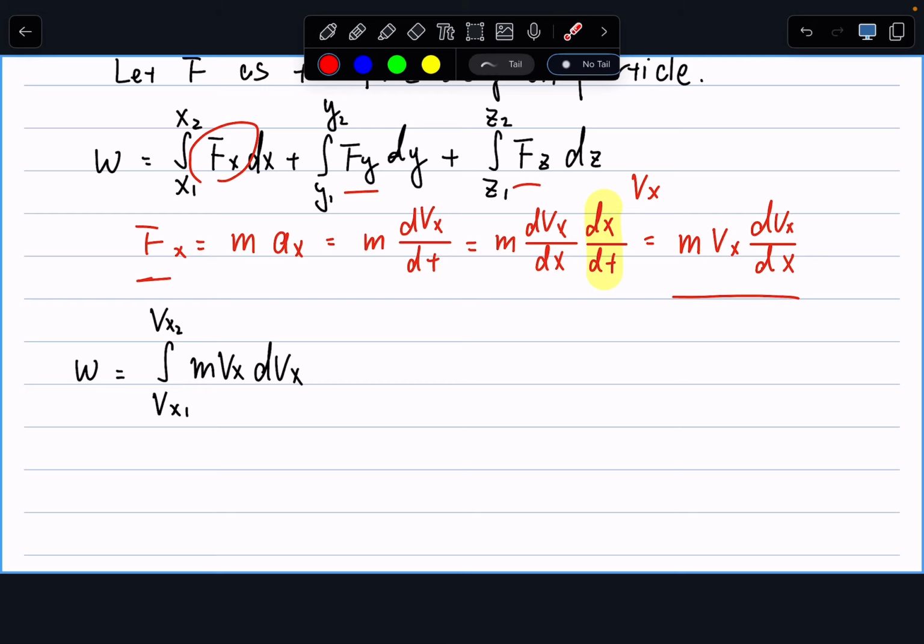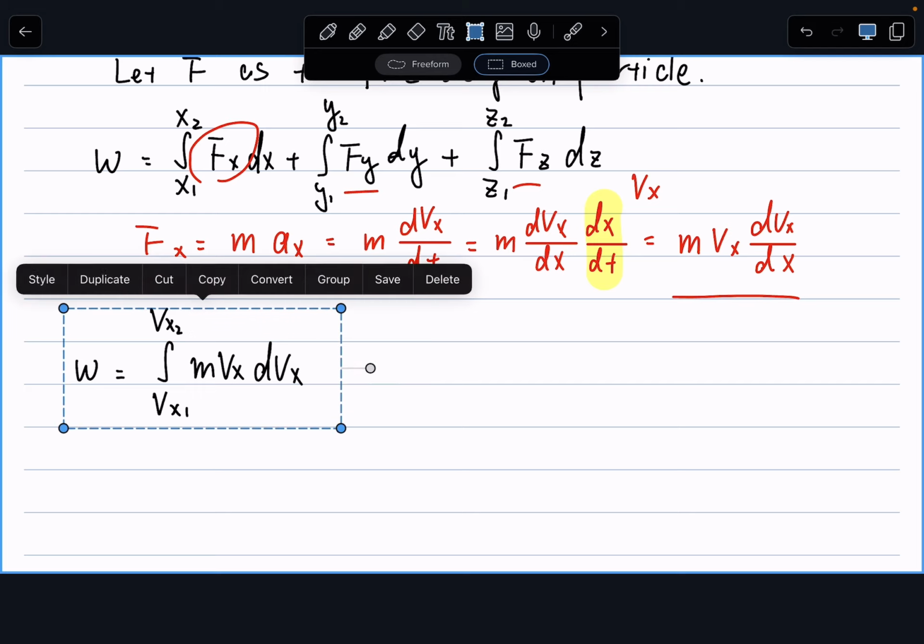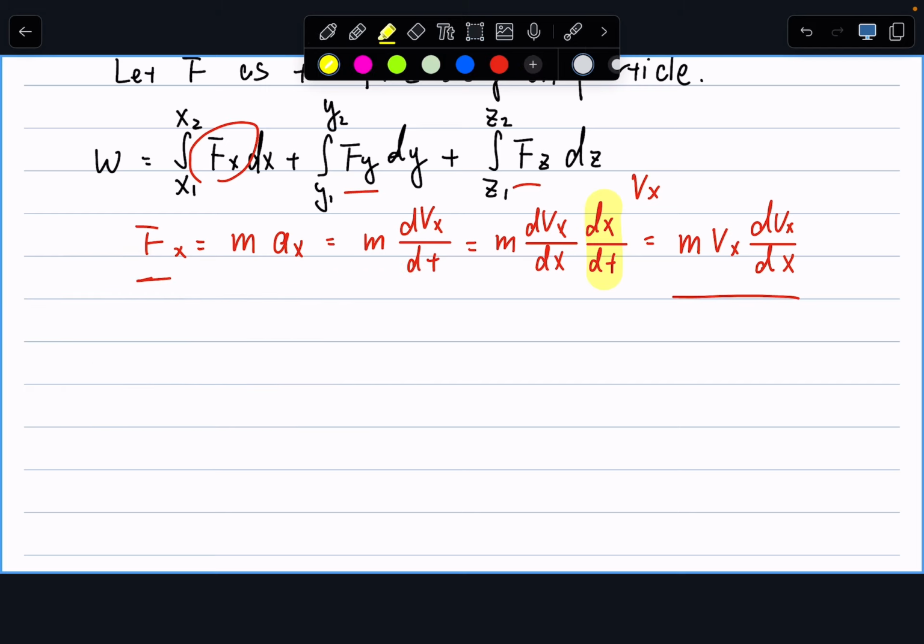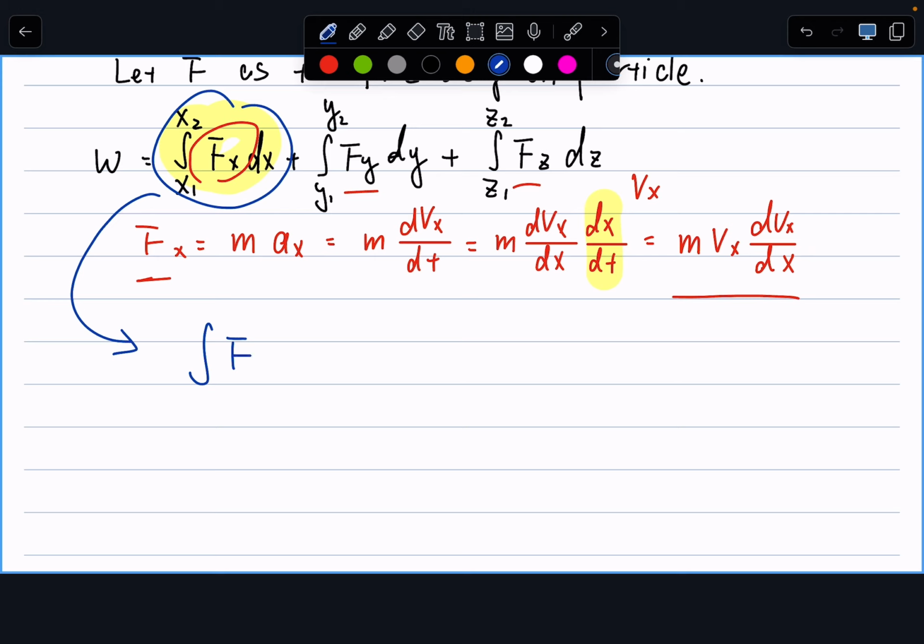So we'll plug this one in, so the dx and dx will cancel out, and then what is left is dvx. Right, so we'll plug this entire thing into here. So dx and dx will cancel out. All right? Let me just not skip any steps. So if we're focusing on this term here, this just becomes fx, we're just writing it in there.